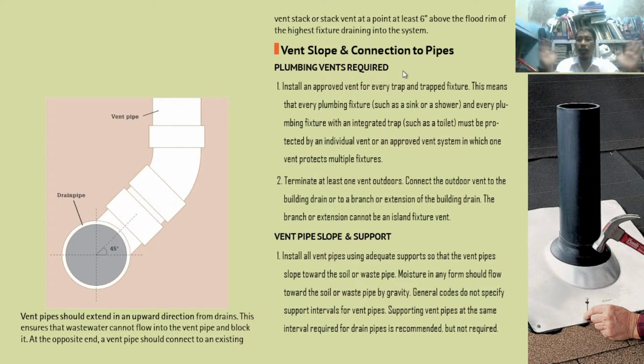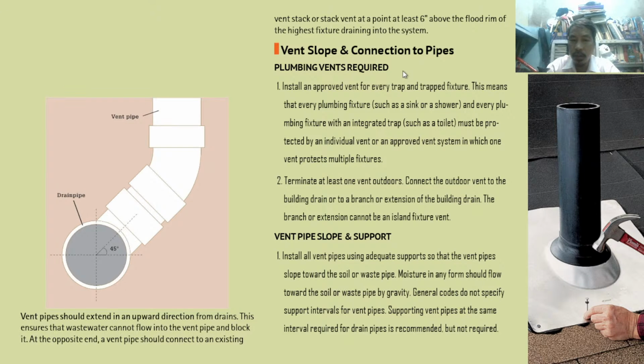So there are very complicated connections of pipes, right? But you can design those with only one connection to outdoor. Therefore, all of the connected piping will flow to that single outdoor connection. Connect the outdoor vent to the building drain or to a branch or extension of the building drain.